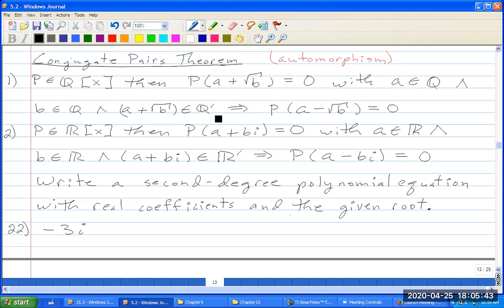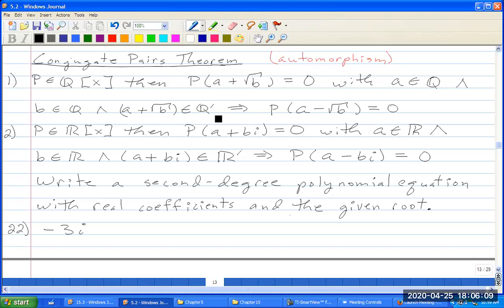So if 2 plus 3i is a root to your polynomial, and the polynomial only has real coefficients, this complex conjugation cannot change what's happening to the coefficients of your polynomial.